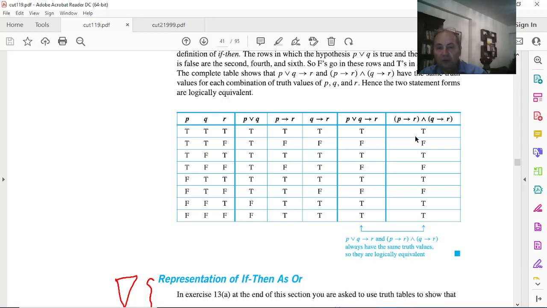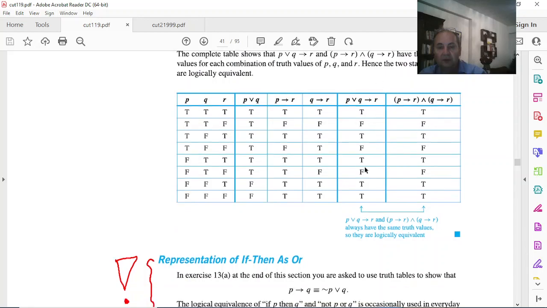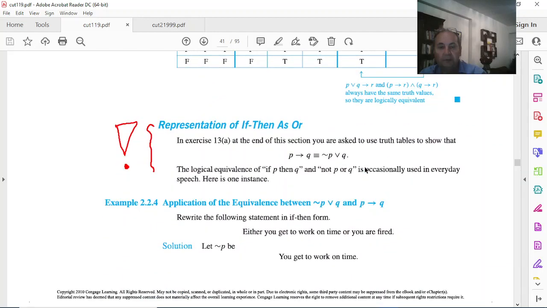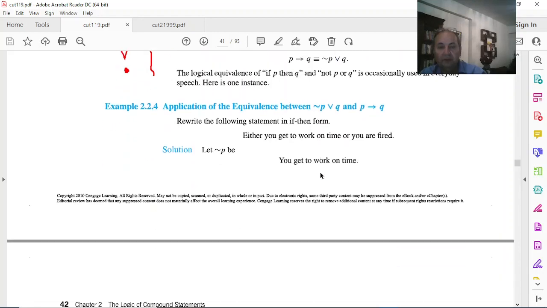Could be used both ways, right? Whatever is good for you, you can use it both ways. And this is the simplest case, so the way you can obtain a simple expression. And anytime you can translate it into an OR connection, not P or Q. This is the same, right?